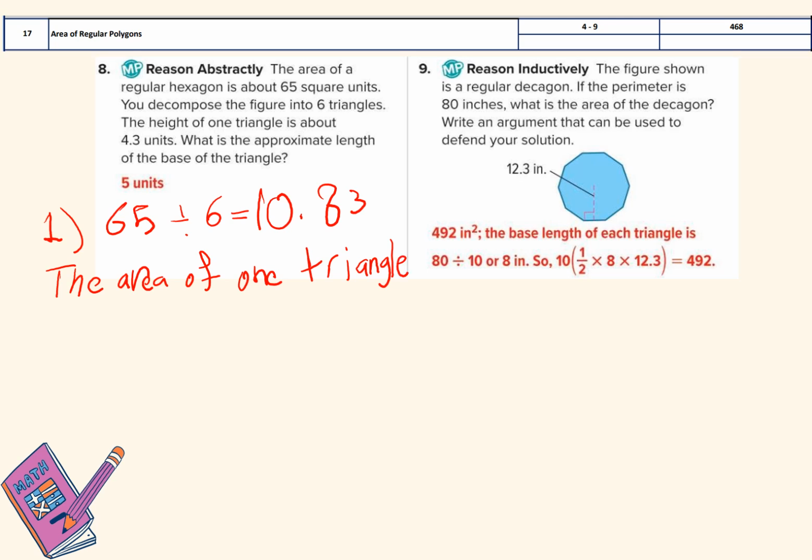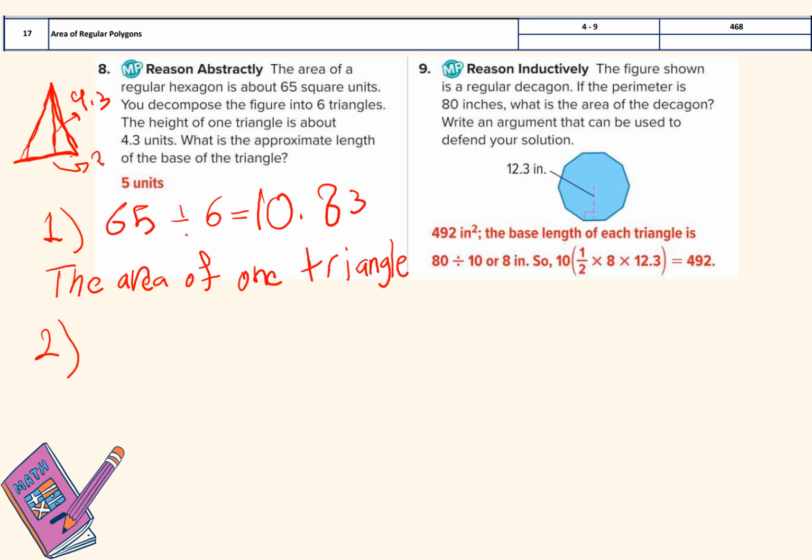Now, I want to find the base of that triangle. Let me do a quick sketch here. This is the triangle and this is the height, which is 4.3. This base is missing. I need to find it. So when we find the area of a triangle, we multiply the height and the base, and then we divide by 2. But now the area is given. So I need to reverse what I'm doing when finding the area.